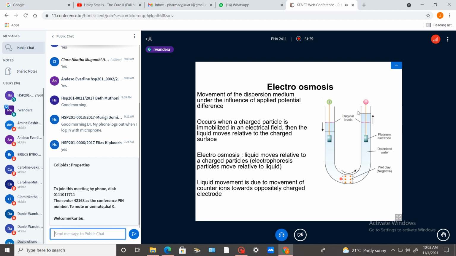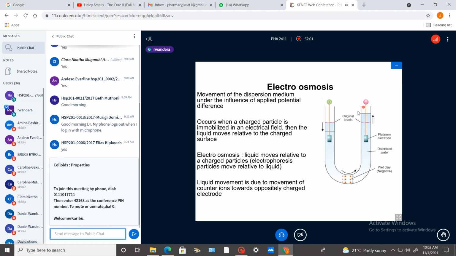So it is these positively charged counter ions that move. The positively charged counter ions are in the medium, in the liquid, so they are mobile. So it is the positively charged counter ions that will move towards the oppositely charged electrode.